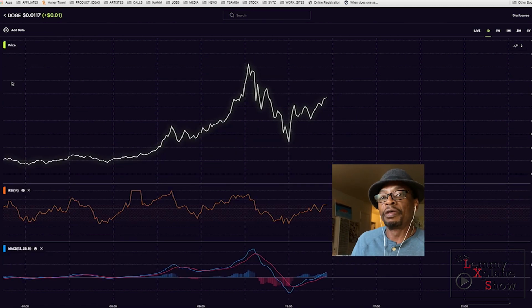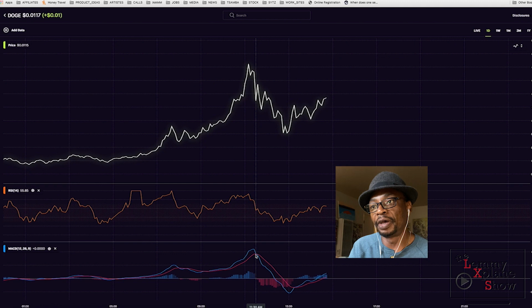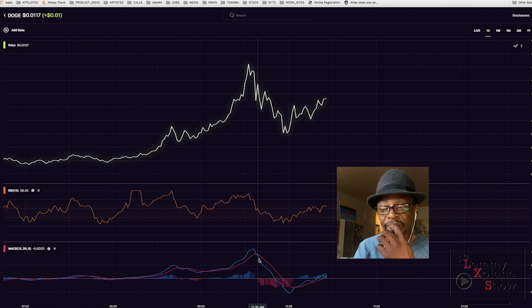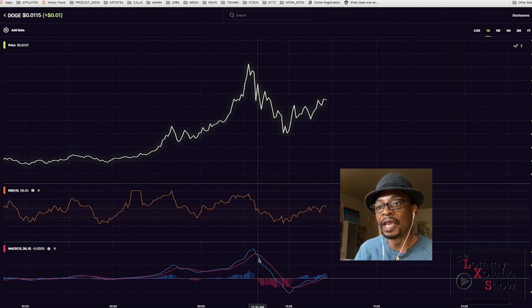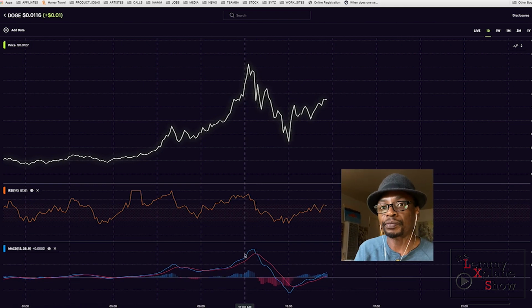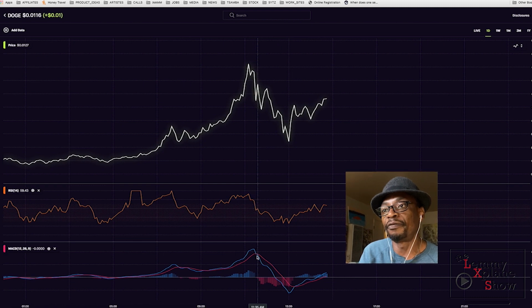The line I want to concentrate on is the blue line crossing over the red line, or crossing under it. This is where the convergence aspect of it comes in. If we look at the MACD, which is the blue line here, you can see that it's dipped down and crossed over here.